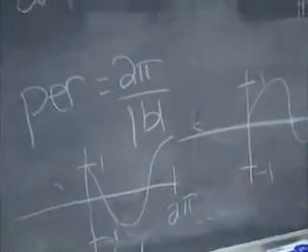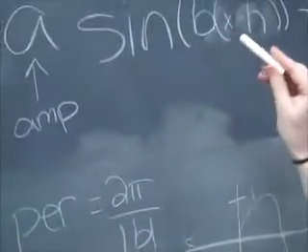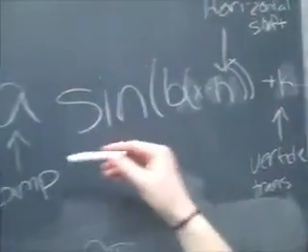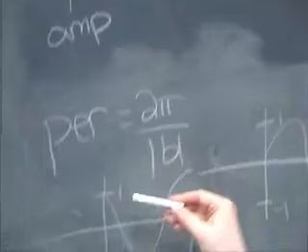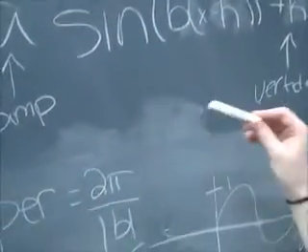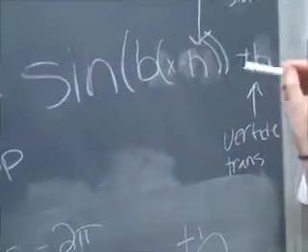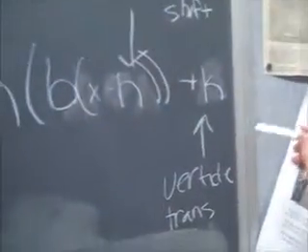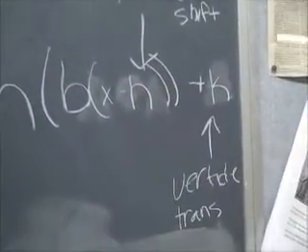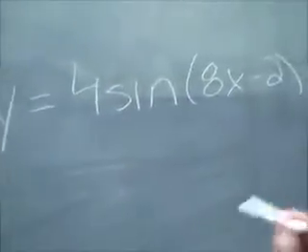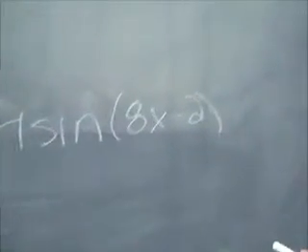So the equation for this is a sine of b times x minus h plus k. So a is going to be the amplitude, which in the parent function is 1. And then the b helps you find the period and also the frequency. And then h is going to be the horizontal shift, and k will be the vertical transition, either up or down. So an example that we have right here is going to be y equals 4 sine of 8x minus 2.